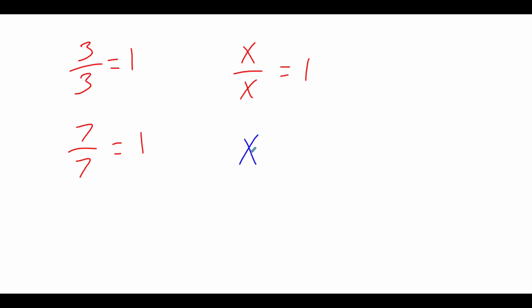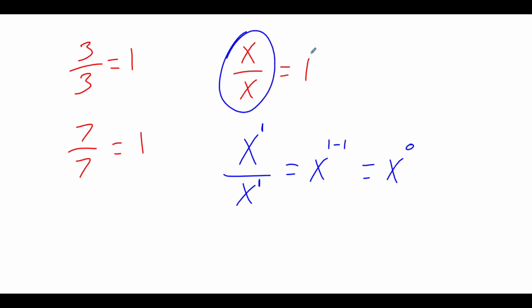But let's look at this example with the variables a little bit closer. There are no powers written on those x's, so those are implied powers of 1. And our quotient rule for division says that we're supposed to keep the base the same, but then we're supposed to subtract those exponents. So if I do 1 minus 1, I'm going to get x to the 0. Well, earlier we said if we took something and divided it by itself, we get 1.